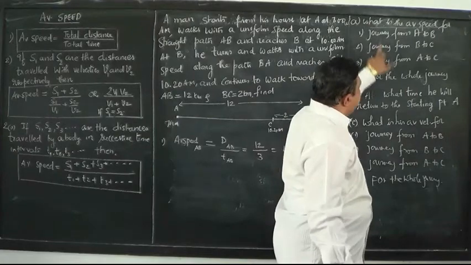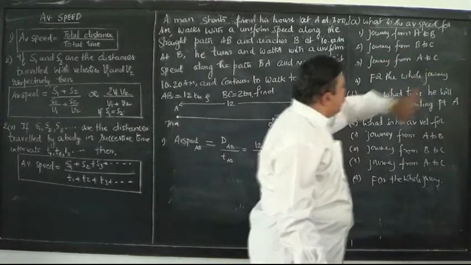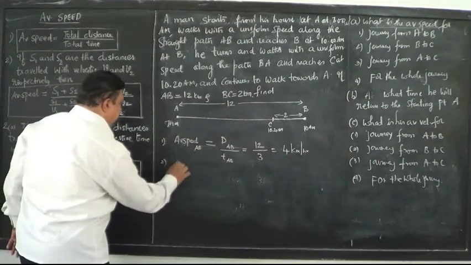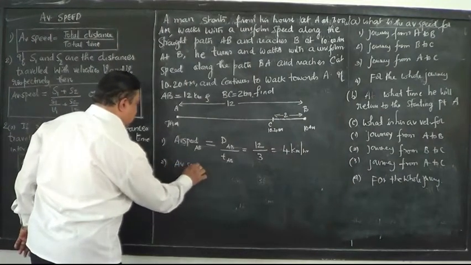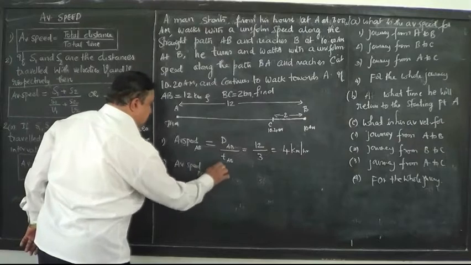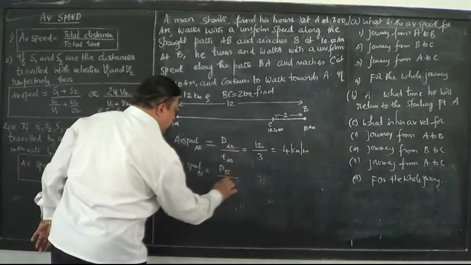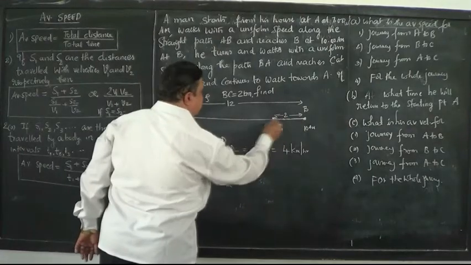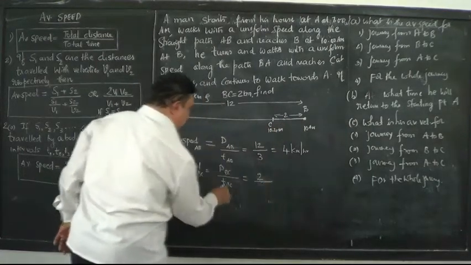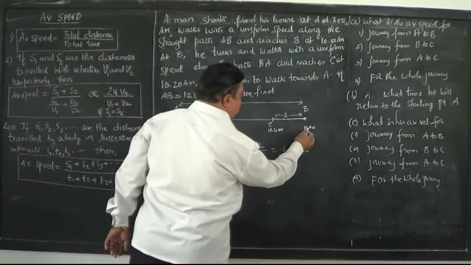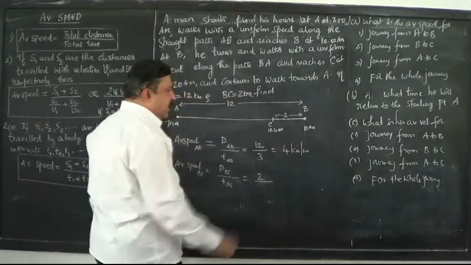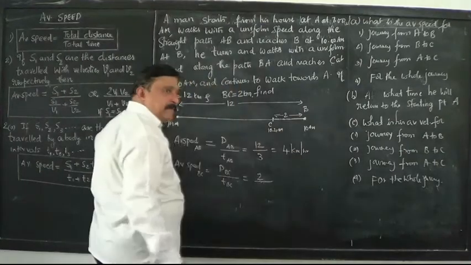Now what is his average speed from B to C? You want to find the average speed from B to C. So this is distance BC divided by time BC. What is the distance B to C? 2 kilometers. Divided by how much time he has taken. Now at B it is 10 and to arrive at C he comes at 10:20. So he takes 20 minutes.